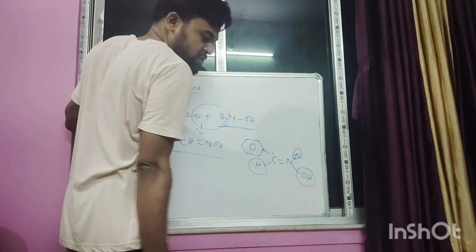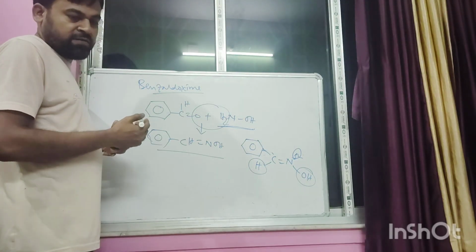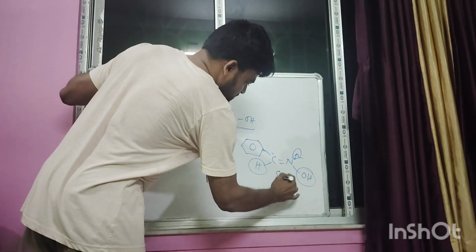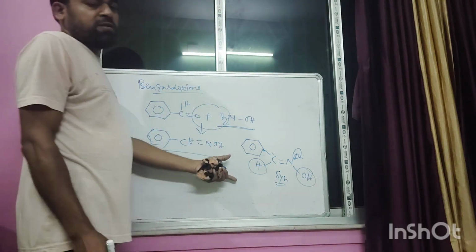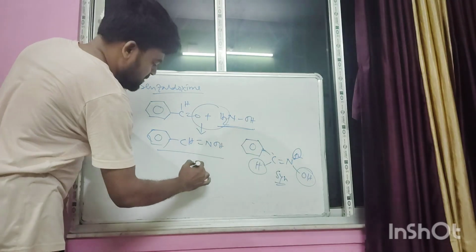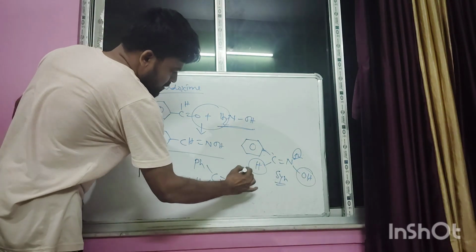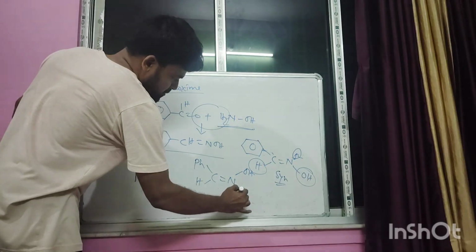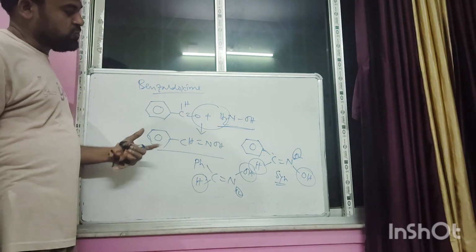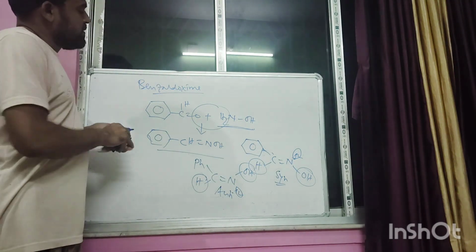Here H and OH are in the same direction, so it is called syn benzaldoxime, and the other is anti benzaldoxime, that is Ph CH double bond N OH and lone electron pair. Here H and OH, these two groups are anti to each other, so it is called anti benzaldoxime.